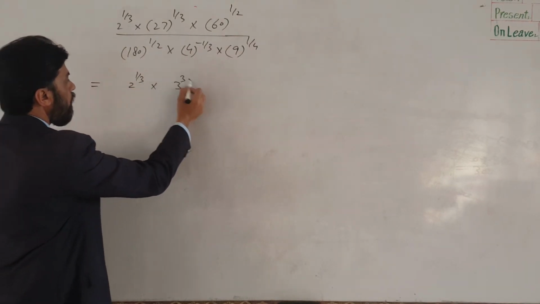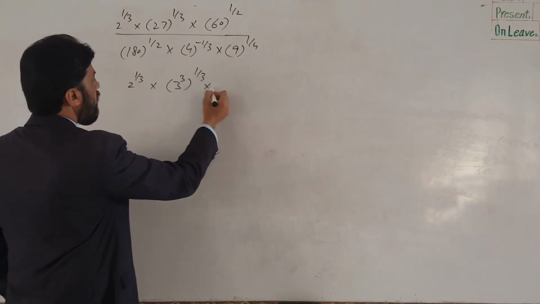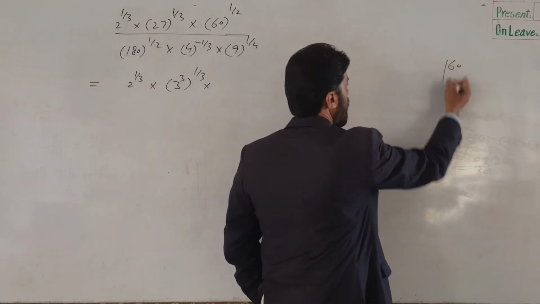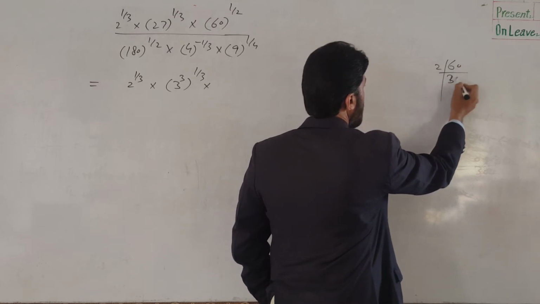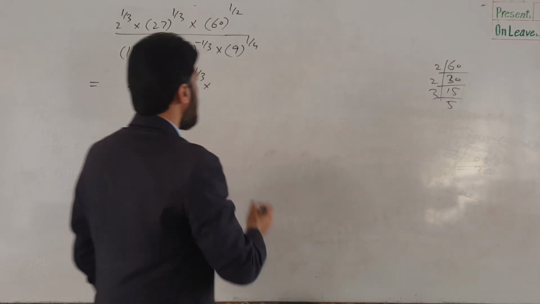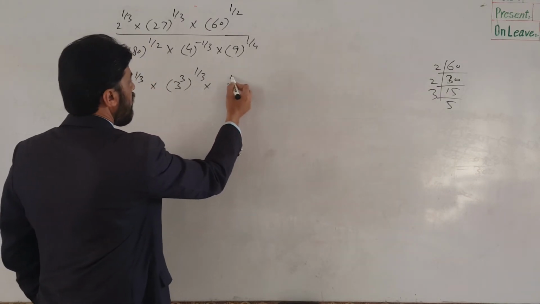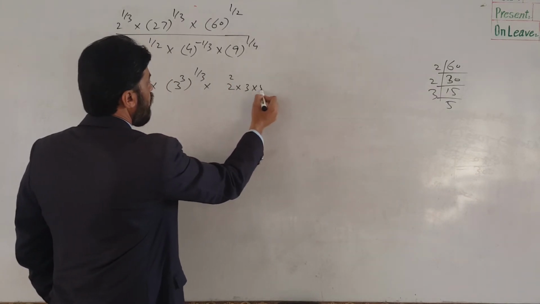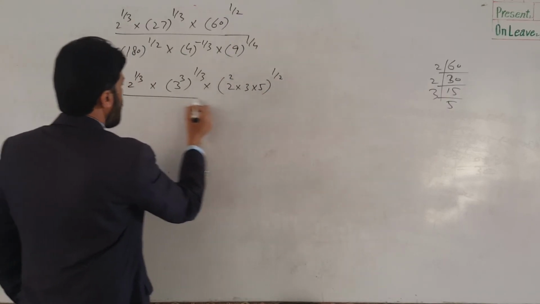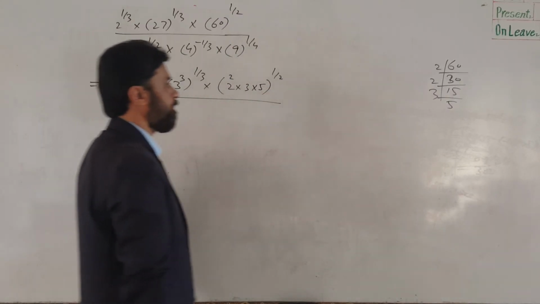27 is 3 cubed, raised to 1 by 3. 60, by taking LCM of 60: 2, 30, 15, 5, so 2 square into 3 into 5, whole raised to 1 by 2, over 180.